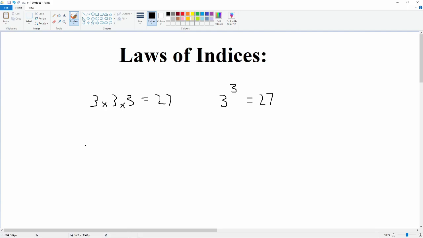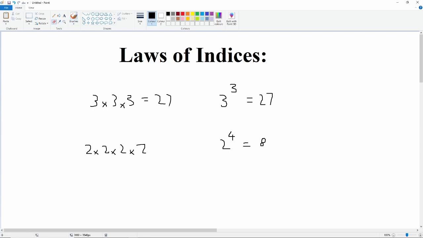Okay, so what if we have 2 times 2 times 2 times 2? Well, that is the same as saying 2, and there's 1, 2, 3, 4 2's, so that's 2 raised to the power 4, which is equal to 8. No, it's not, it's equal to 16.